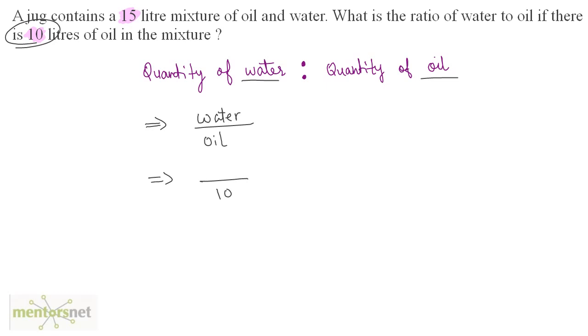The total volume of this mixture of oil and water is 15 liters, so we can subtract the amount of oil from that and we get the volume of water. So 15 minus 10, this is equal to 5 by 10, and that is 1 by 2. So the ratio of water to oil is equal to 1 is to 2.